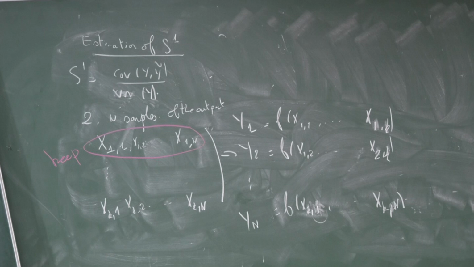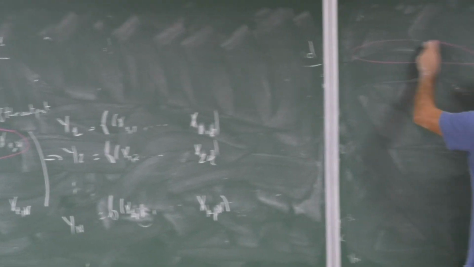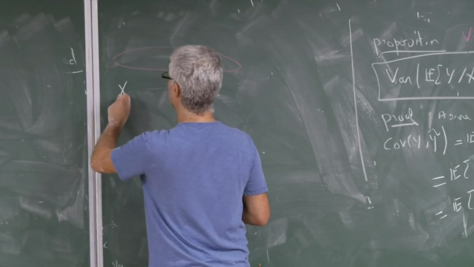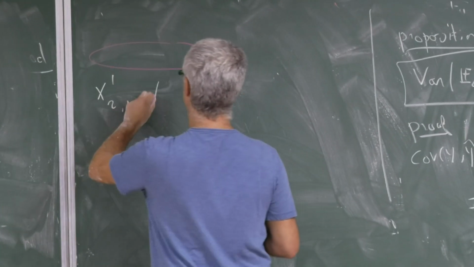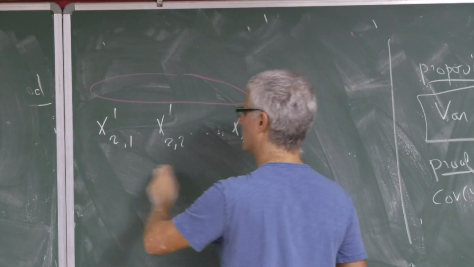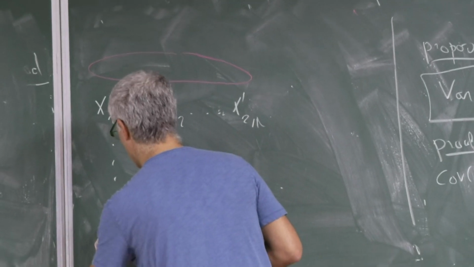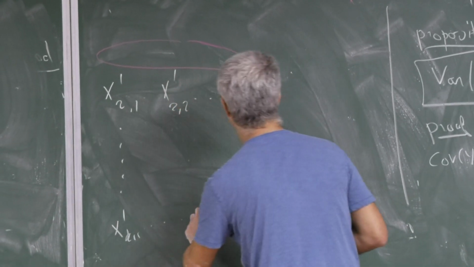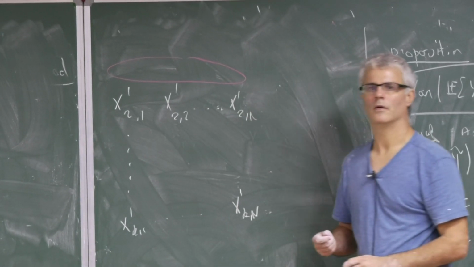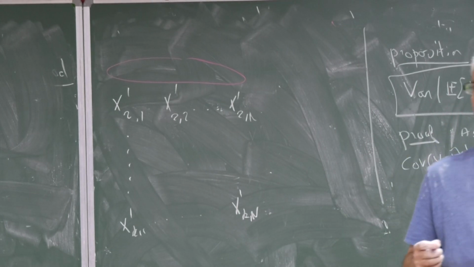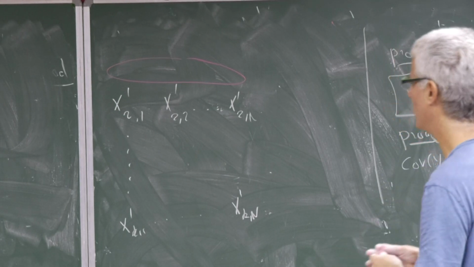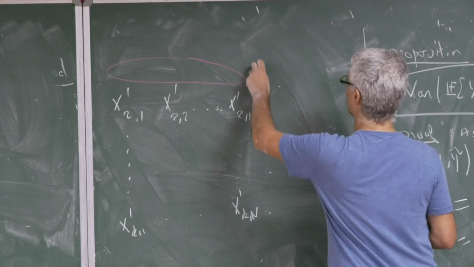So you keep the first line, and then I compute x2 prime 1. So I keep the first input and I resimulate the other ones. Okay? And with that I will compute. You use your code.